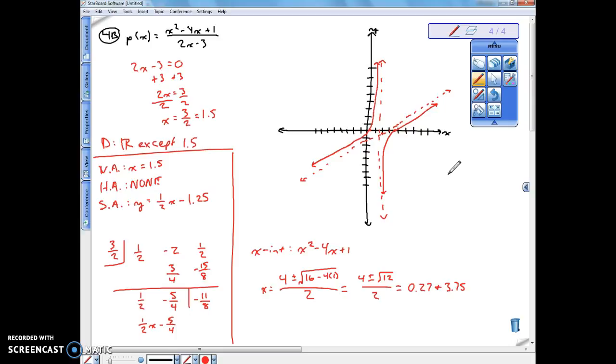And finally, if the degree of the numerator is greater than the degree of the denominator, there will be no horizontal asymptote. If the degree of the numerator is exactly 1 greater than the degree of the denominator, like it was here, we can look for a slant asymptote by performing the division and, again, ignoring the remainder.